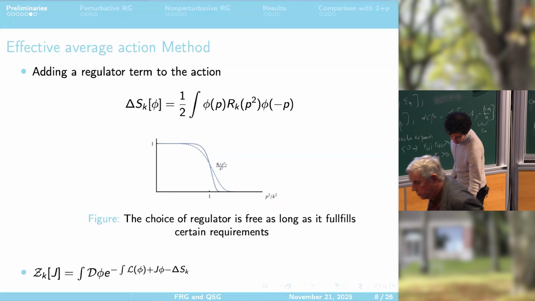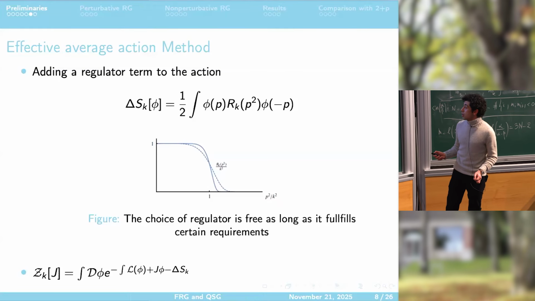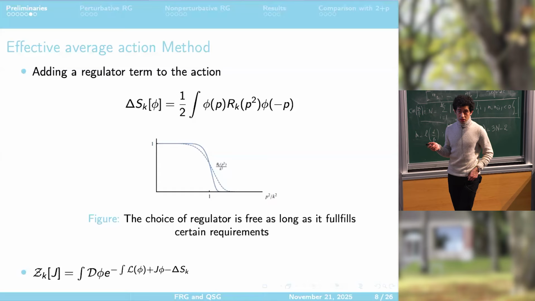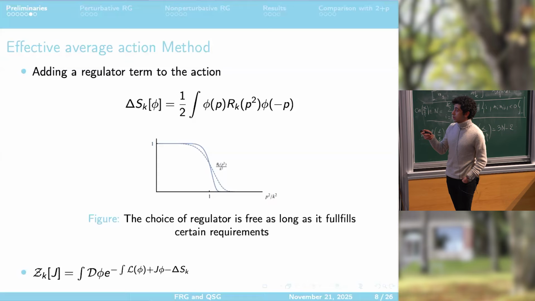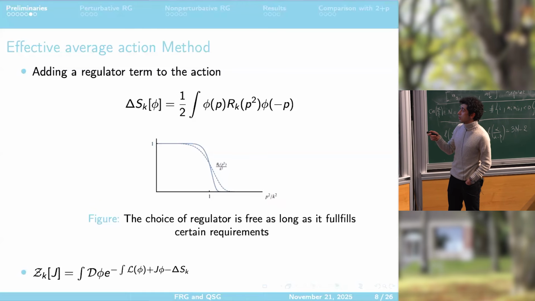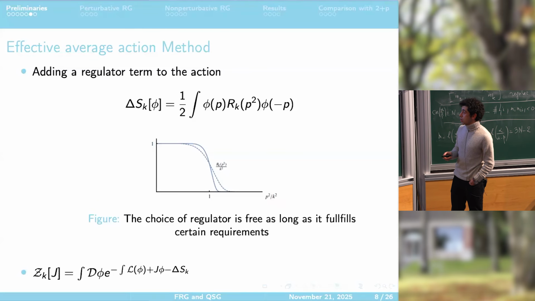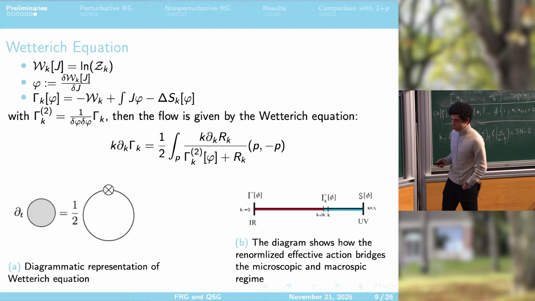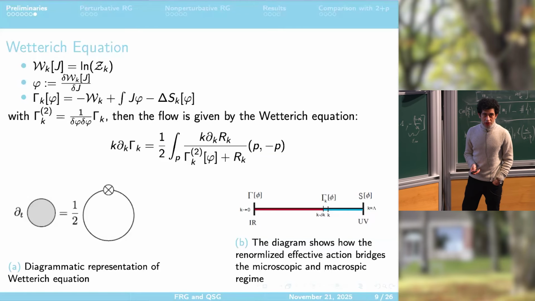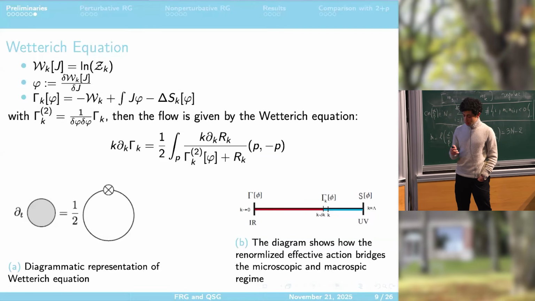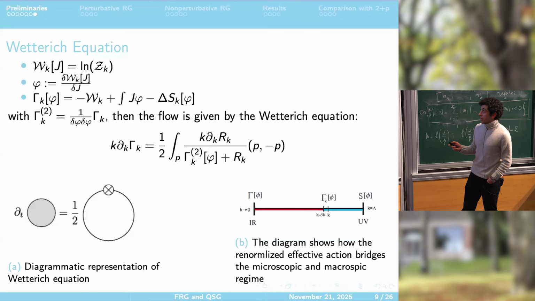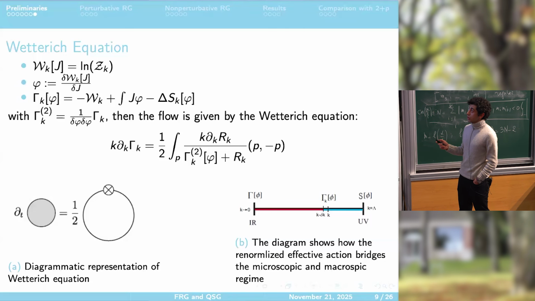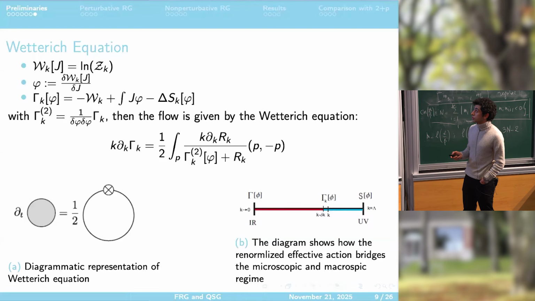After that, we build the regulated partition function Zk, which for a generic Lagrangian is given by adding this regulator term to the Lagrangian, and then doing the path integral as usual. Then we take the logarithm, build the regulated free energy, and do the Legendre transformation of that regulated free energy.